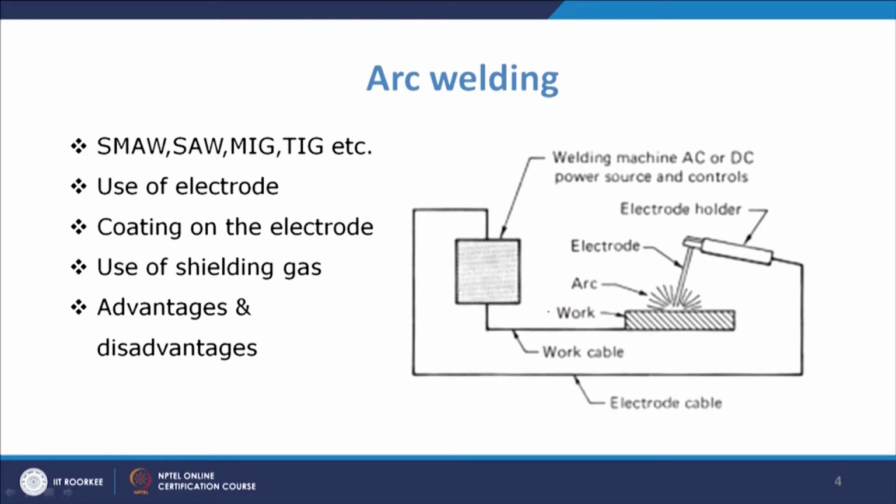Now, coming to another kind of welding process, that is the arc welding process. In arc welding, the arc is generated between the electrode and the workpiece, or in between the electrodes, and this arc has a higher temperature than the flame used in oxyacetylene welding.